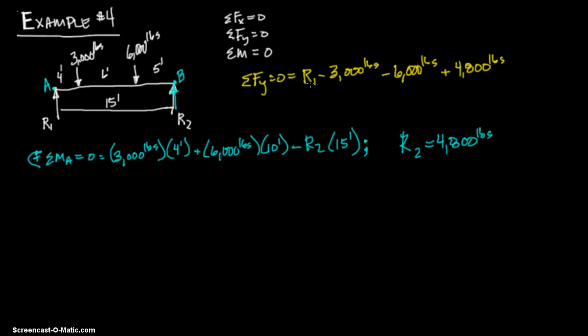Alright, now we will go ahead and do negative 3,000, negative 6,000 plus 4,800 is negative 4,200. So R1, if you add these two, it's 9,000 minus that, and then put it on the opposite side. R1 equals 4,200 pounds. And once again, if you need to show all your steps in your algebra here, no problem, just go ahead and do it. And those are our reactions.